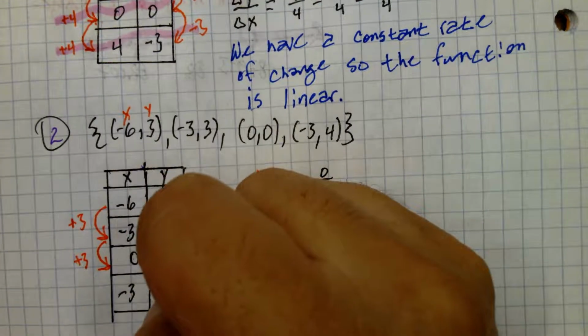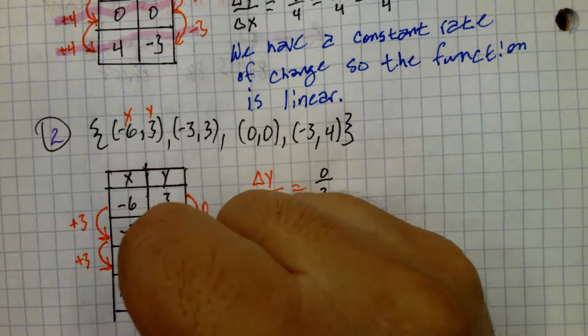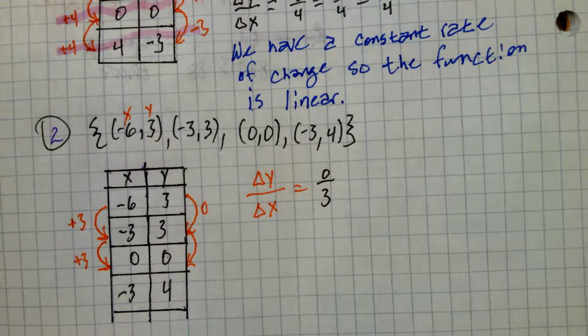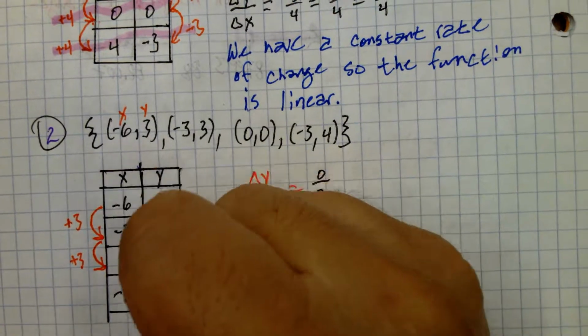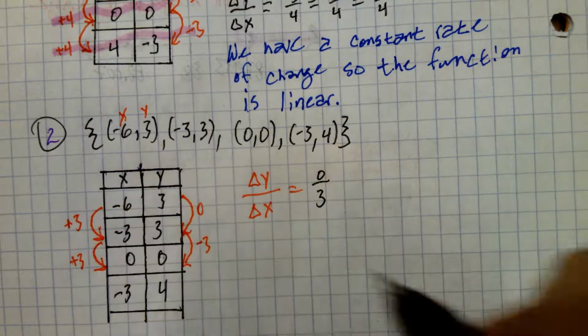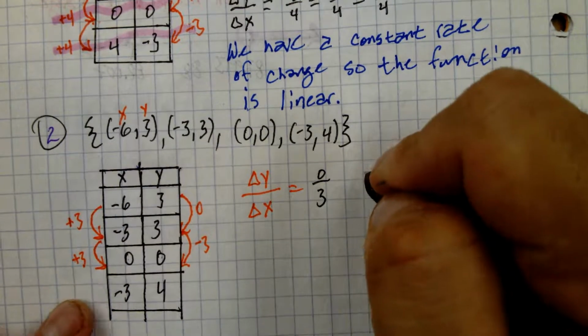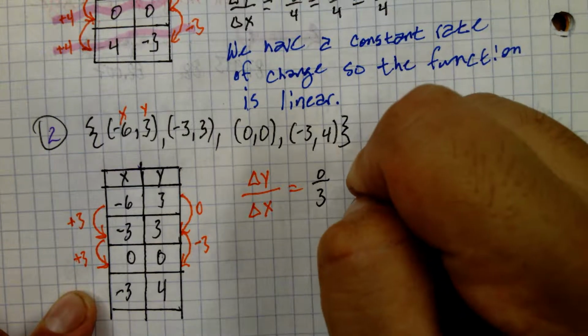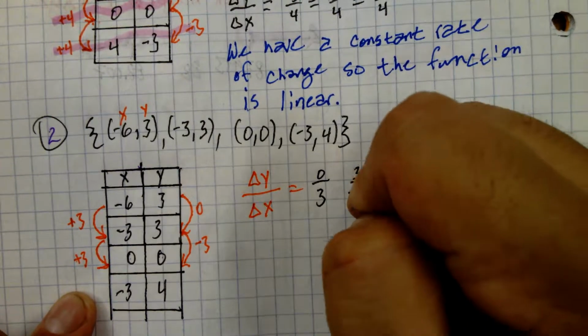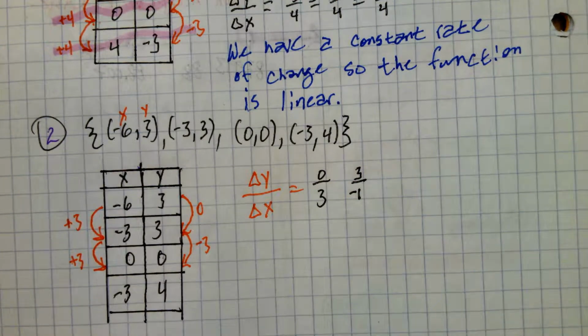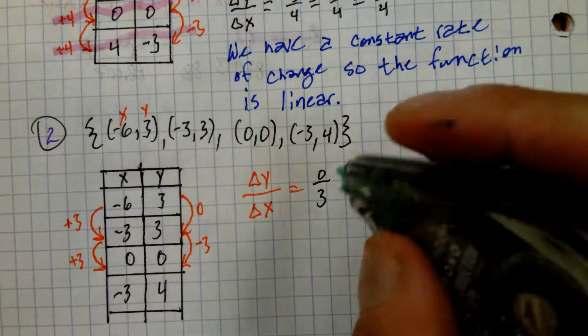But if I go from 3 to 0, what's that going to be? Yeah, we're decreasing by 3. So now this other one is 3 over negative 3, right? Oh, other way around. Yeah, negative 3 over 3.